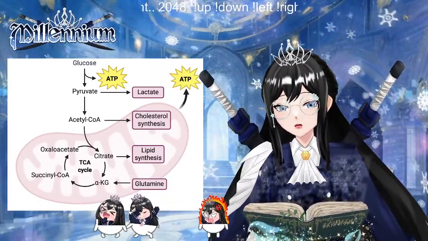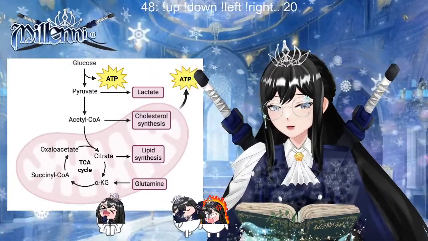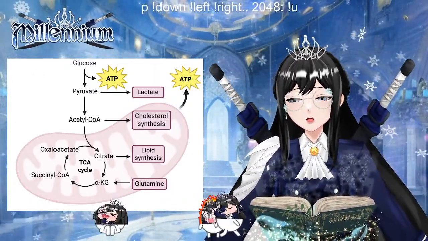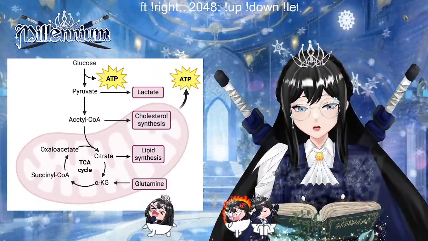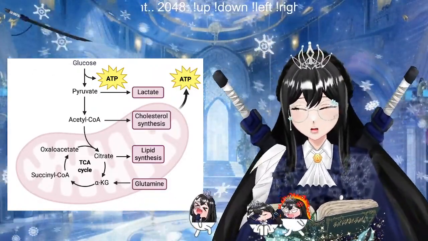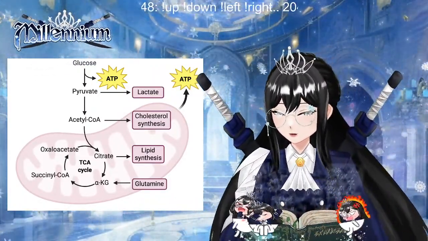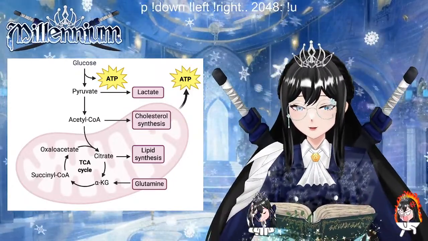But note, between the 1,3-bisphosphoglycerate and the 3-phosphoglycerate, you could have a 2,3-bisphosphoglycerate. This depends on where it comes from. It could just not be there.